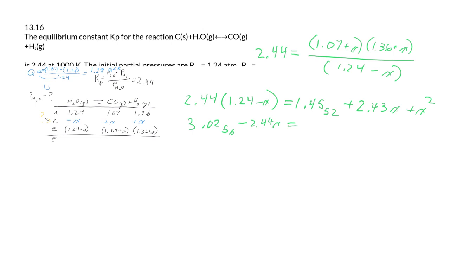Now I have to move everything over to the other side. So to do that, I'm going to subtract 3.0256 from this side and add 2.44x to both sides. And that's going to give me x squared plus 4.487.